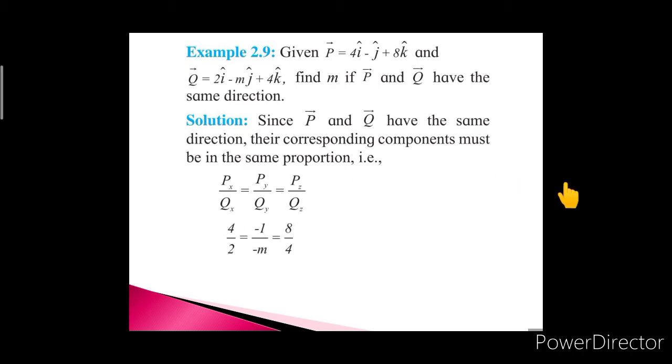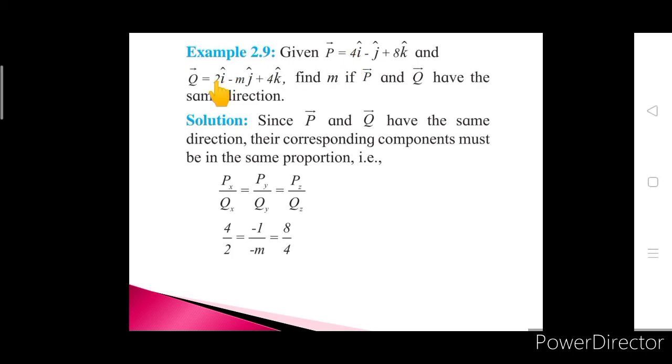Now substitute the values there, as Px is 4 and Qx is 2. So here it is written as 4 upon 2 is equal to Py is minus 1 and Qy is minus m. So it is written minus 1 upon minus m is equal to Pz is 8 and Qz is 4.